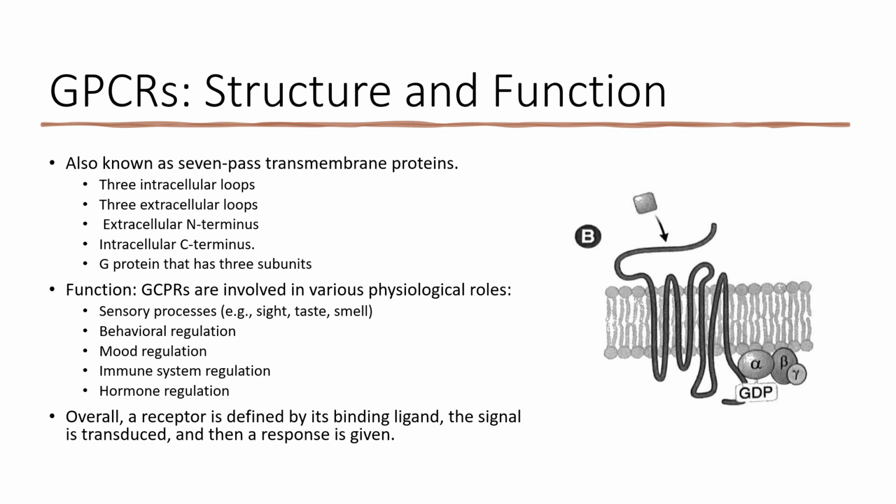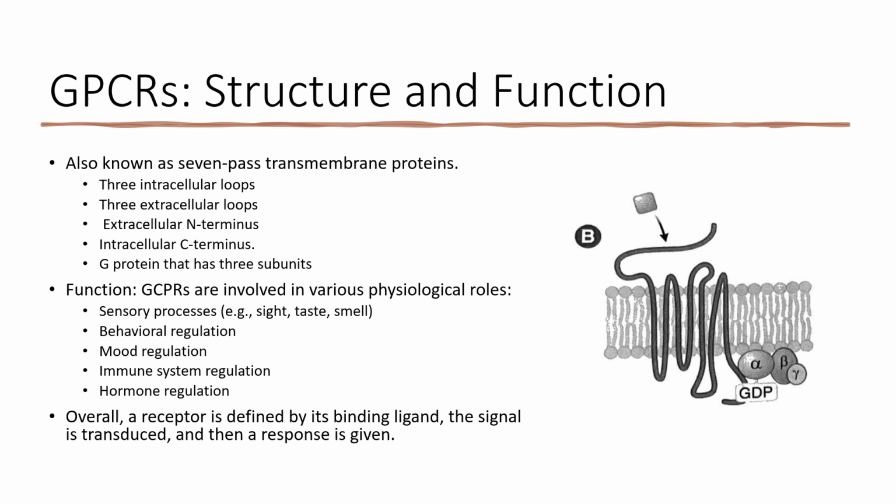G protein coupled receptors are the largest family of surface receptors because of their various functions in the body. Another name for GPCR is the 7-pass transmembrane protein because of its structure, which is attached here on the right.